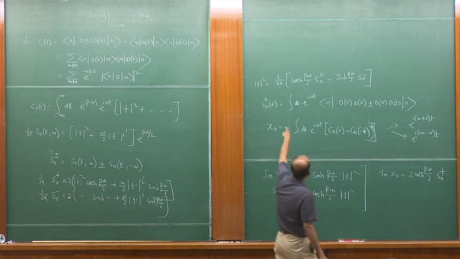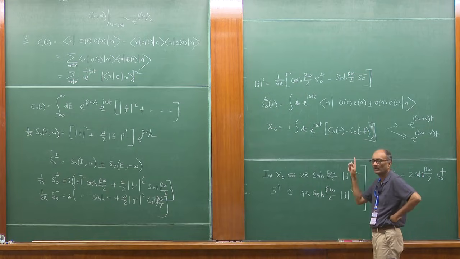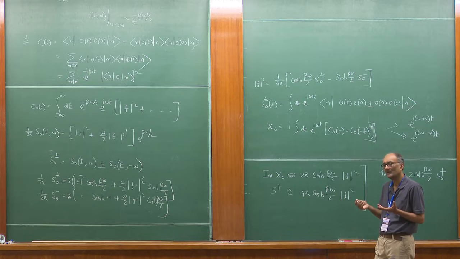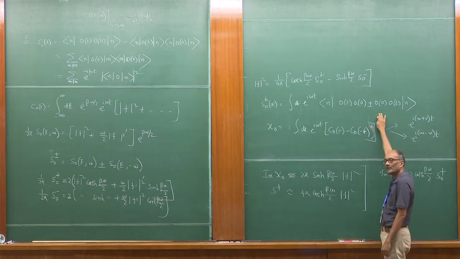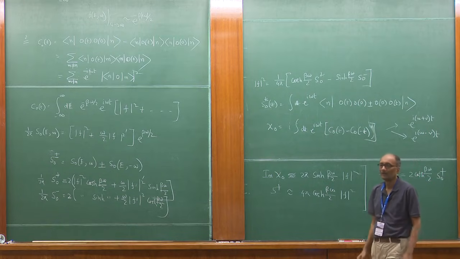Yeah, S naught minus could be written in terms of the expectation of O(t) O(0). I mean, it's not linear response in the sense that you are retaining just the first order term or anything like that. But all I am saying is that here the commutator is very reminiscent of the Kubo formula, and that's the thing. So it's some response function, okay?